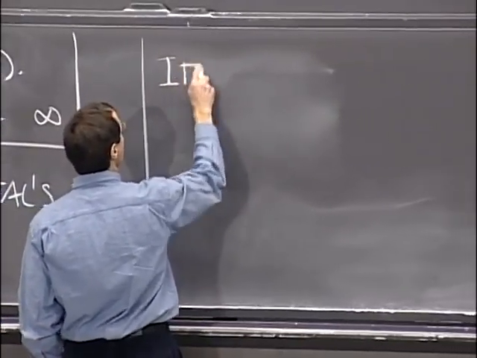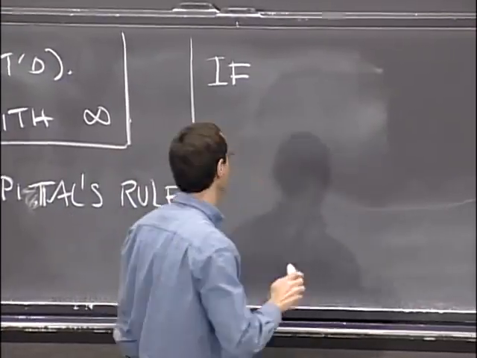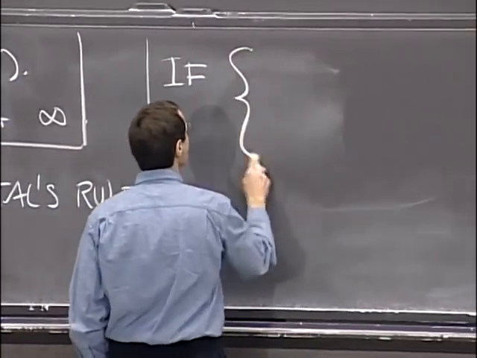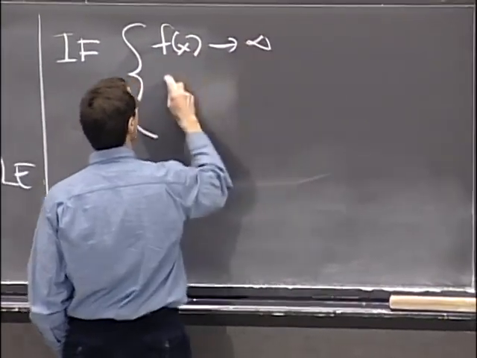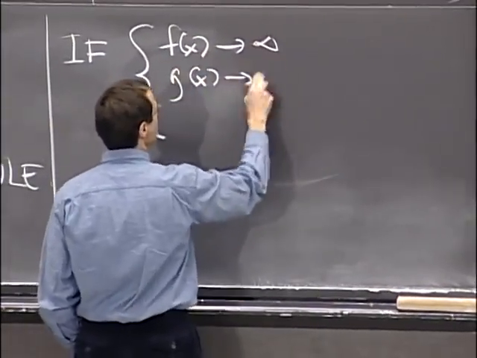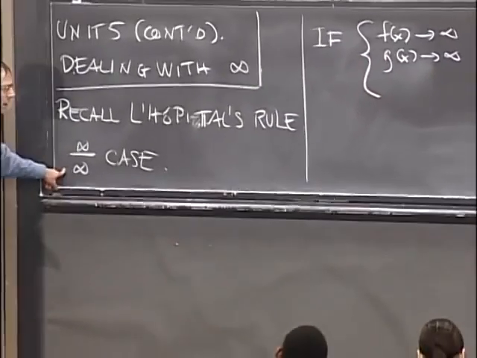We start out with really three hypotheses, but two of them are kind of obvious. The three hypotheses are that f of x tends to infinity, g of x tends to infinity. That's what it means to be in this infinity over infinity case.